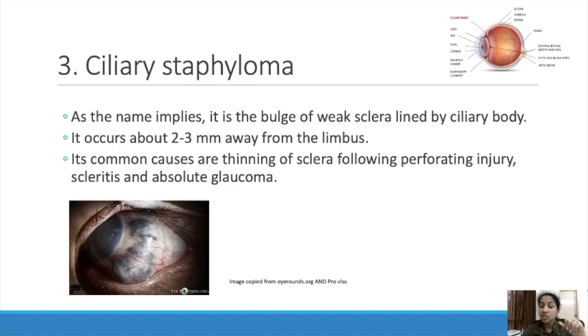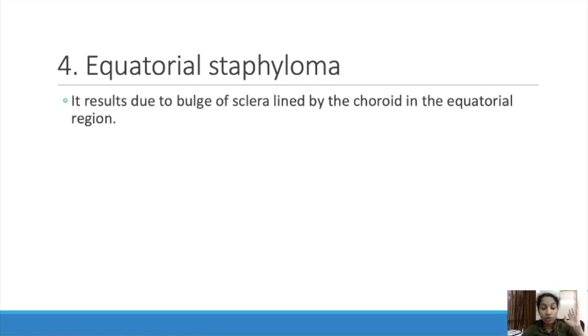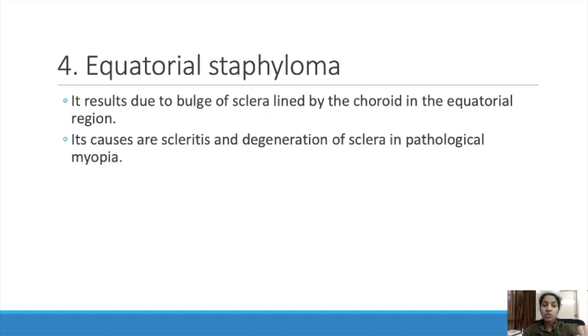Next comes the equatorial staphyloma. You all know the equator of the eyeball, right? This staphyloma is seen at the equator of the eyeball. It results from a bulge of sclera lined by the choroid in the equatorial region, since after the iris and ciliary body the next structure is the choroid.